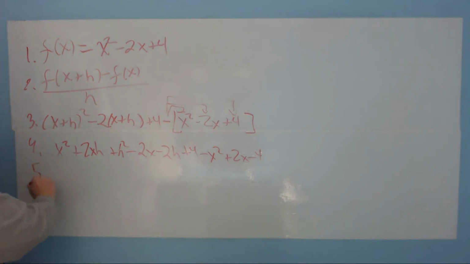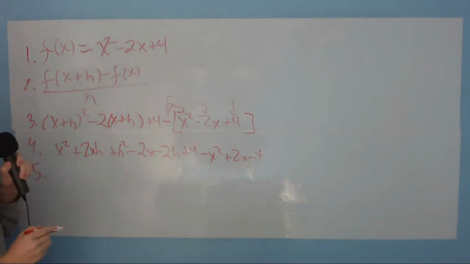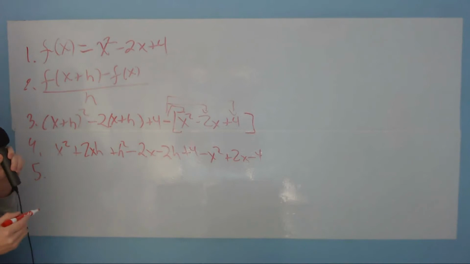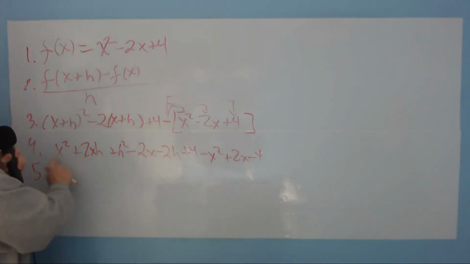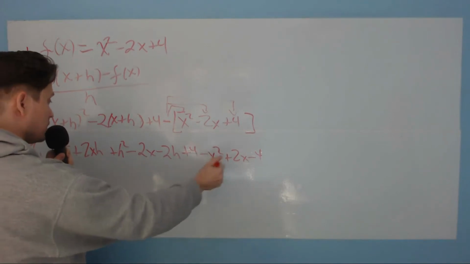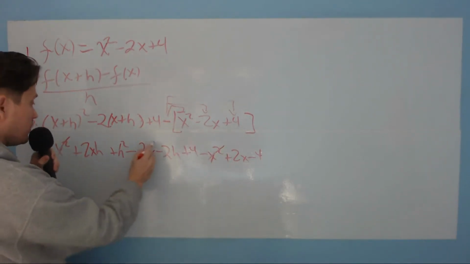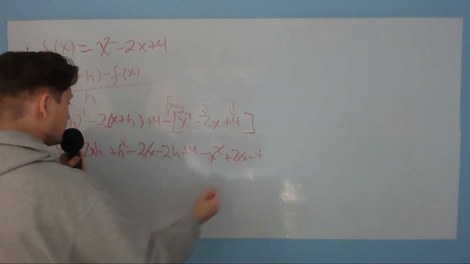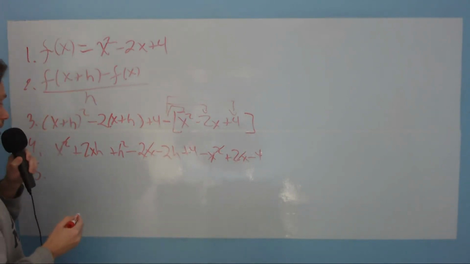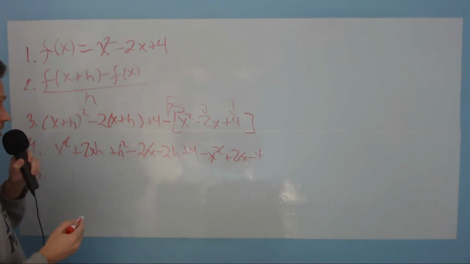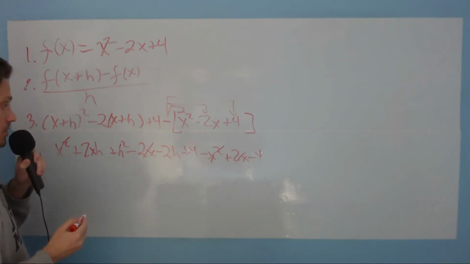At step 5, we simplify as much as we can by canceling things with opposite signs. Specifically, this x squared here cancels with this one. So this crosses away. That's good. Then negative 2x cancels off with positive 2x. And after that, I'm not sure anything else cancels, so I'm just going to copy it all.